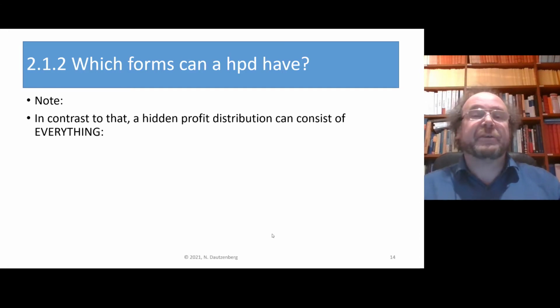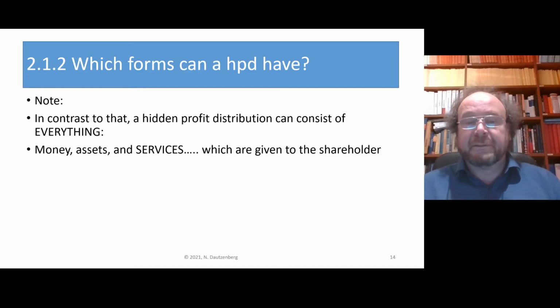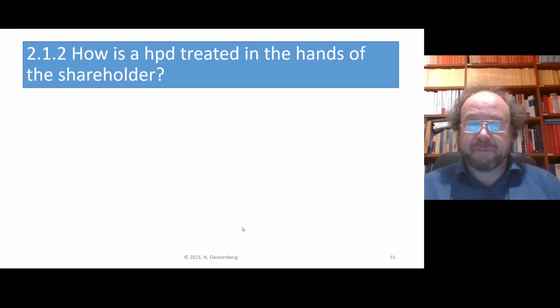It is allowed to give them a dividend in the form of free services. All these possibilities exist, and so all these things can also turn out to be hidden profit distribution. So everything which you give for too low a price to a shareholder will be a hidden profit distribution.